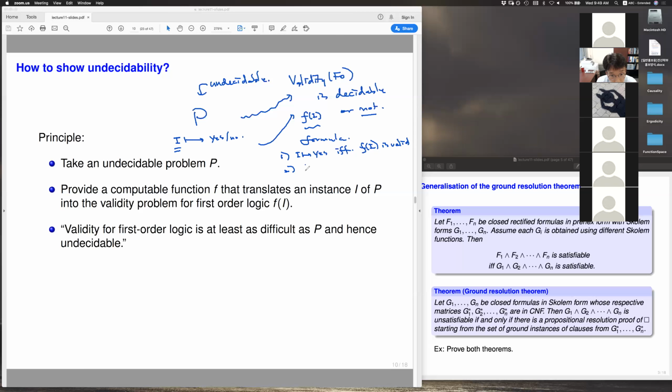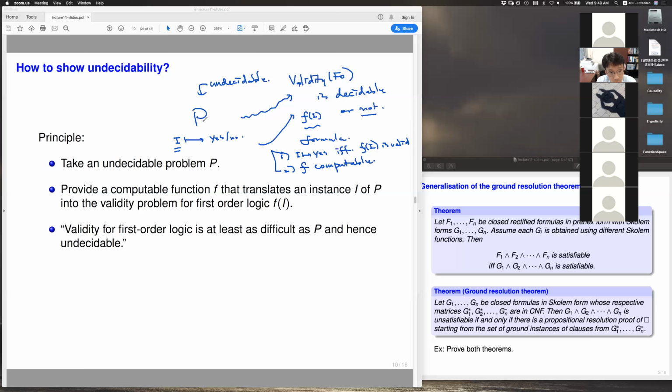Second, F should be computable. Essentially there should be an algorithm that takes an instance of the original problem P and produces a formula in the validity question. If we satisfy these two, that implies we can't have an algorithm for validity. That's because if we had an algorithm for validity, we could design an algorithm for the original problem P by this composition.